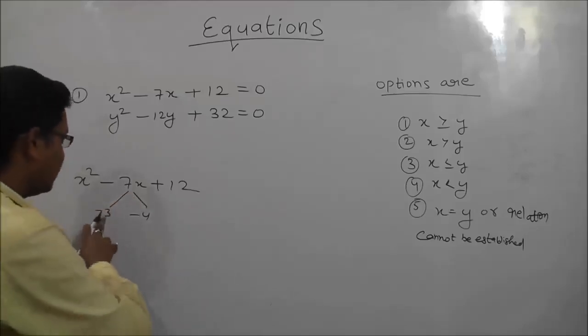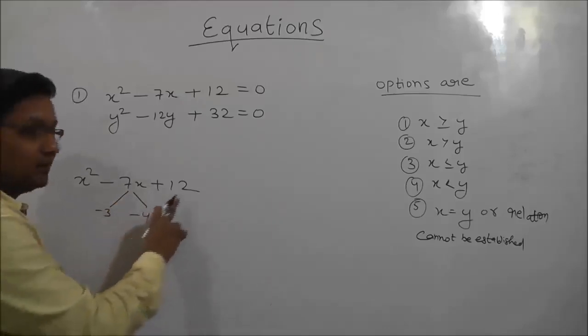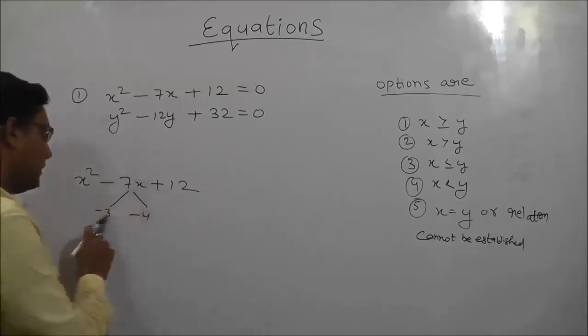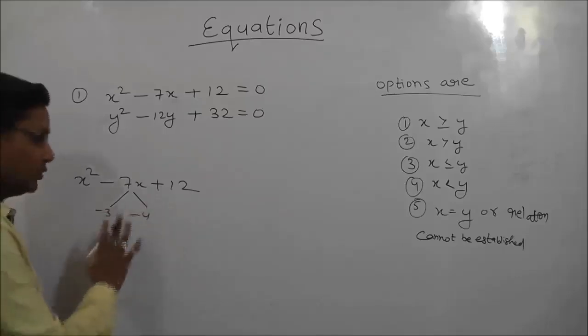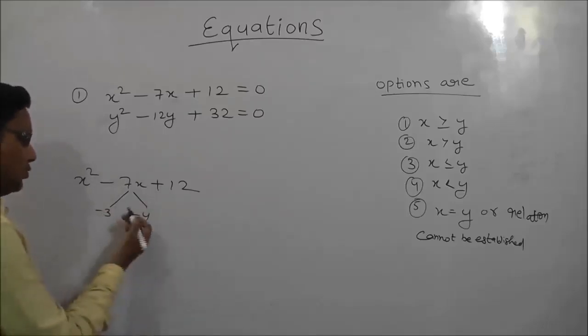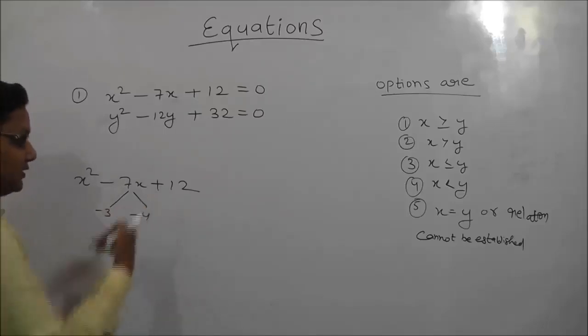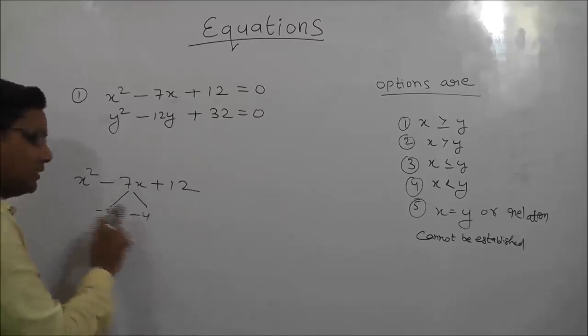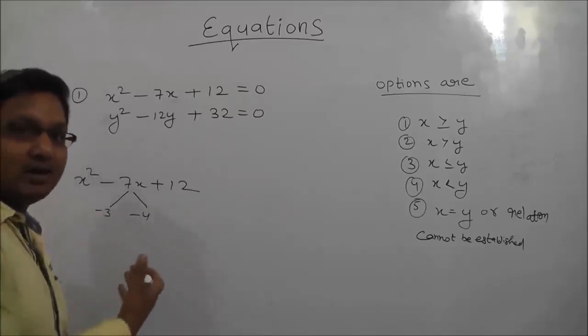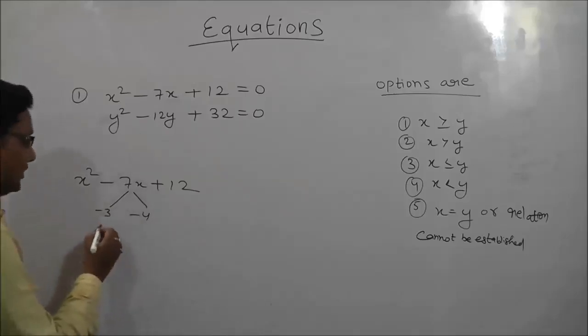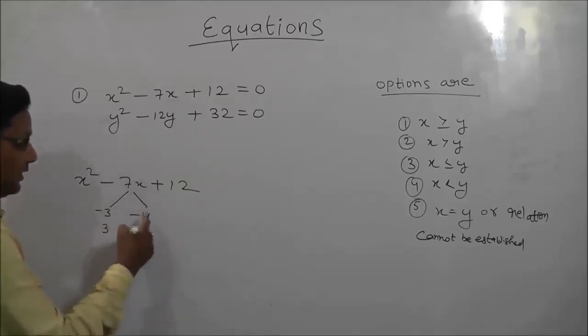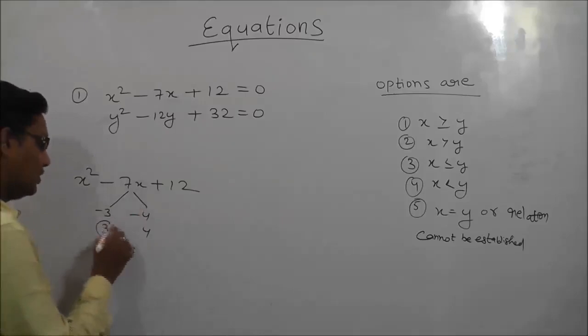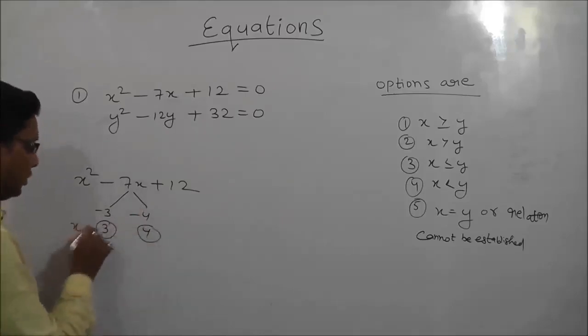We know that because multiplying minus 3 and minus 4 we get plus 12, and adding we get minus 7. Just write the opposite sign of that. We get minus 3 and minus 4, so write the opposite signs. Minus 3's opposite is 3 and minus 4's opposite is 4. So 3 and 4 are the values of x.